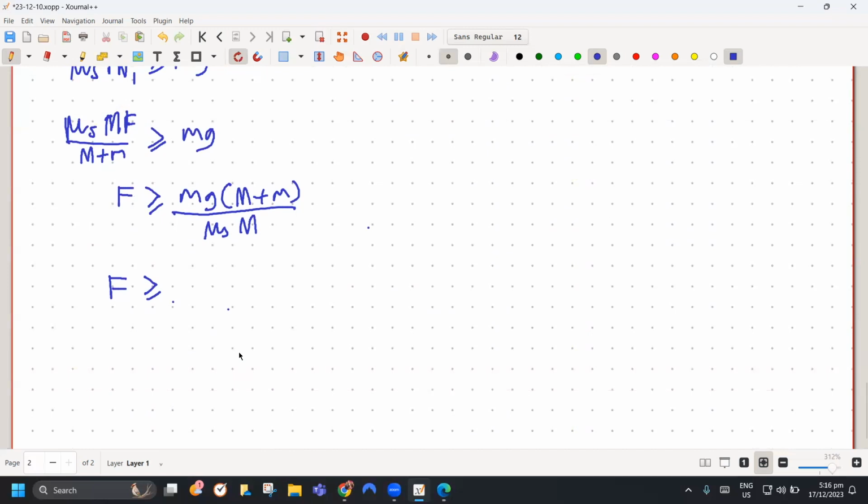Tama. So, ang m is 16, g is 9.8, big M is 88. Mu s is 0.38. Sulat mo na dyan: 0.38 times 9.8 times (88 plus 16).